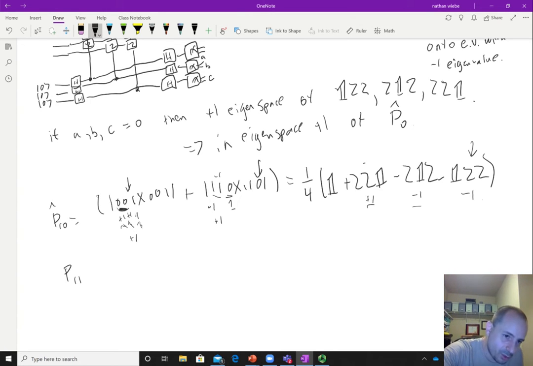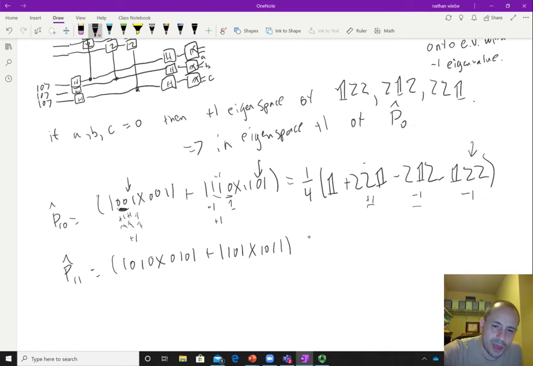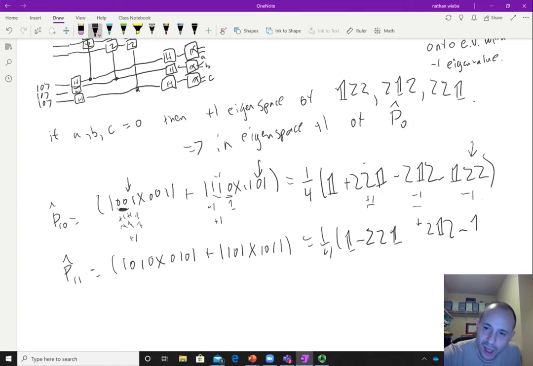The projector onto P11, similarly, which is the error in the middle one, which is 010 plus 101, that thing's what I tried to write before, which is 1/4 of identity minus ZZI plus ZIZ minus IZZ. Okay?